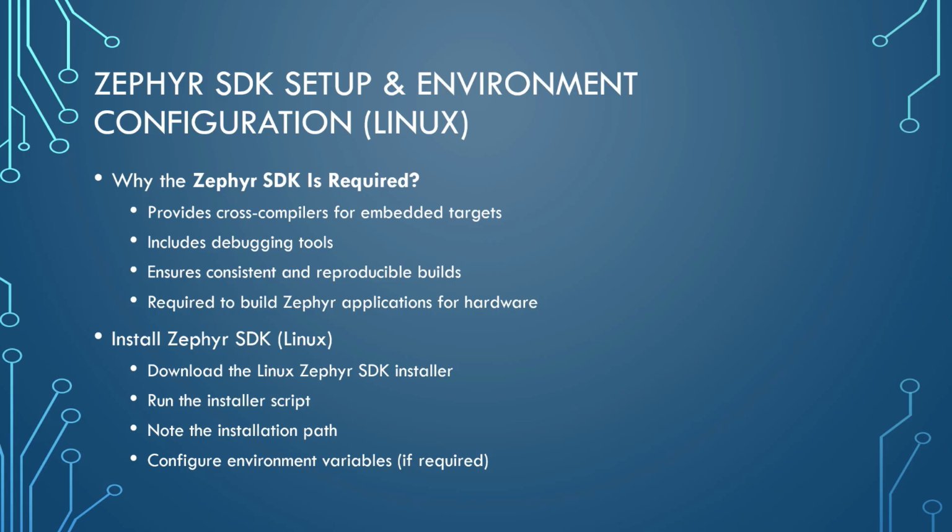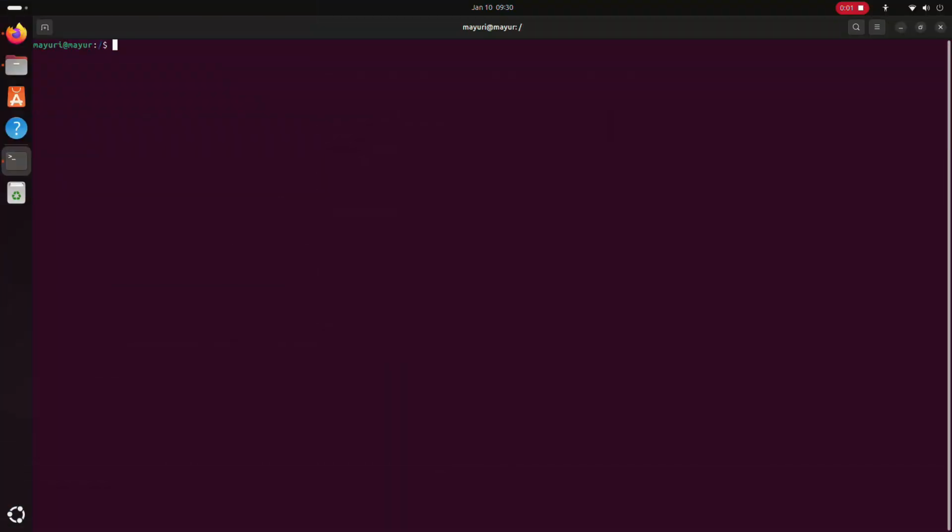Now let's switch to the terminal and install the Zephyr SDK. First, I navigate to the Zephyr project directory and activate the Python virtual environment. You should see .venv in the terminal prompt, confirming that the virtual environment is active.